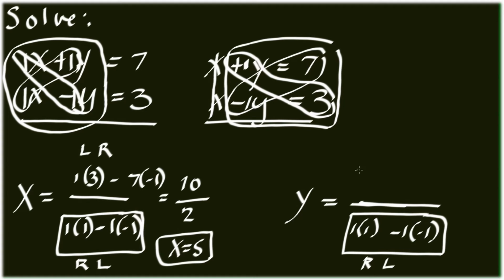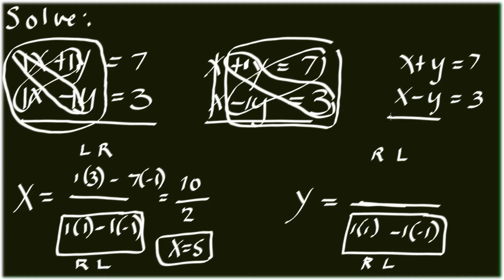For the y, the numerator is going back to the right-left direction. I'm going to rewrite the equation again: x minus y is equal to 3. We're solving for the top number of our y. This time, I want you to cross out the y and just focus on the x column and the constants, 7 and 3.